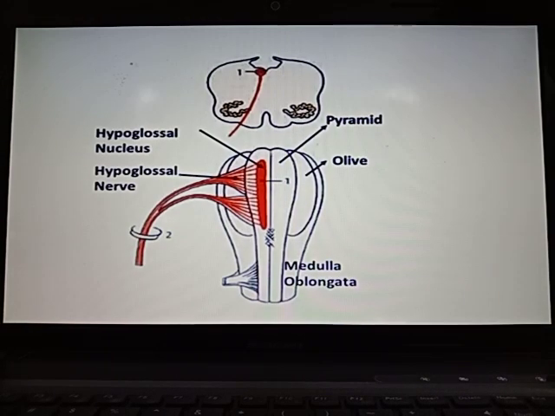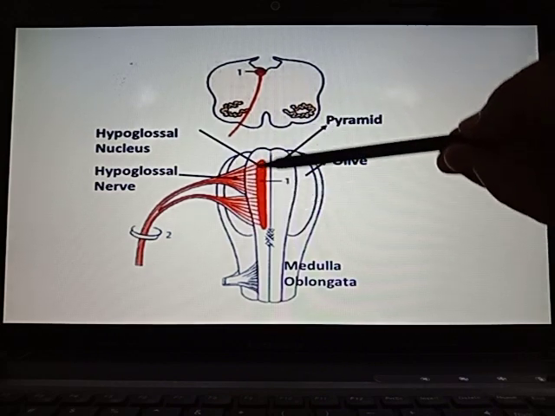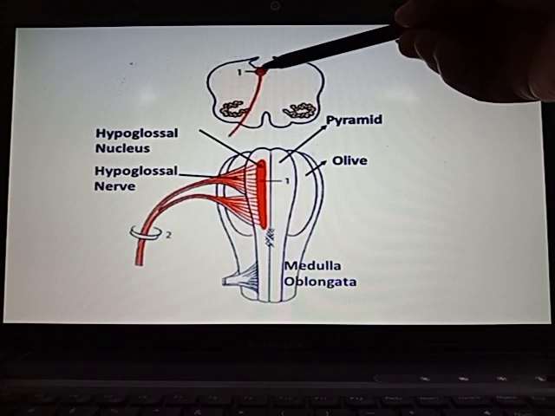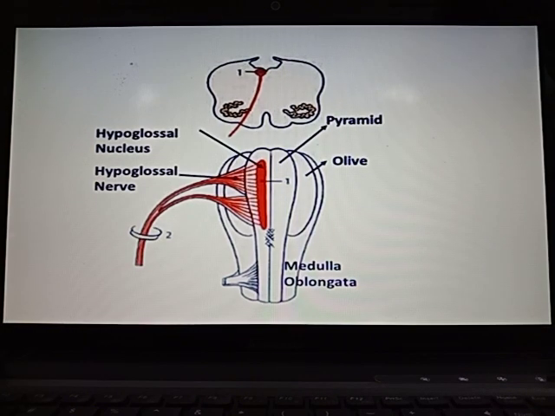This is the fourth ventricle and this is the hypoglossal nucleus. The nucleus is connected with the precentral gyrus of the opposite side via the corticonuclear tract.